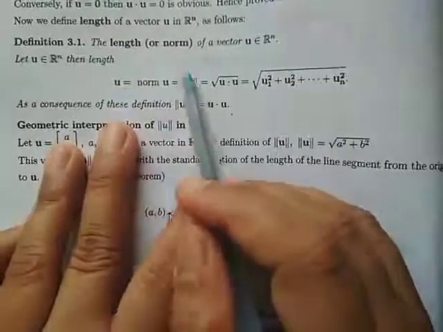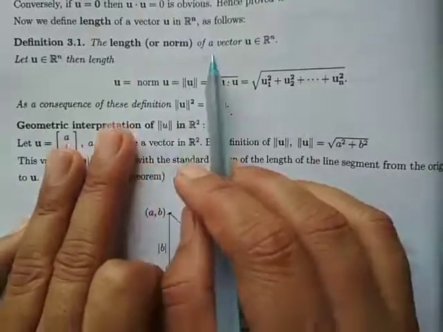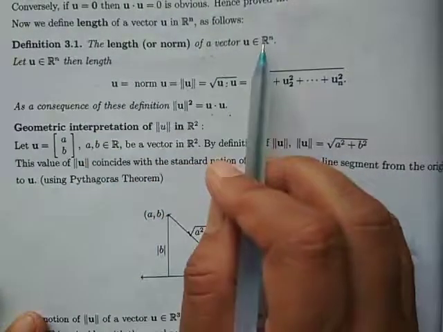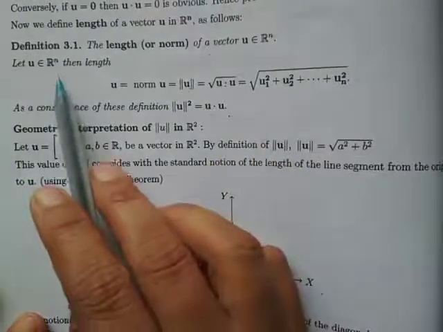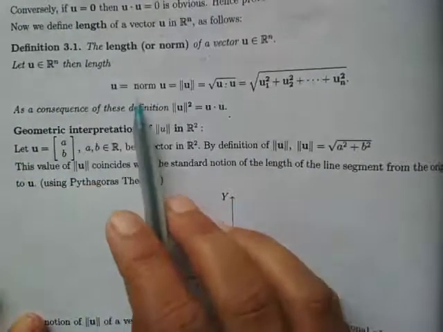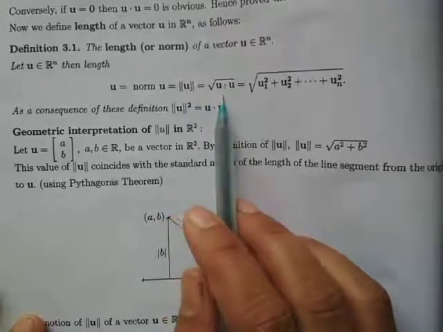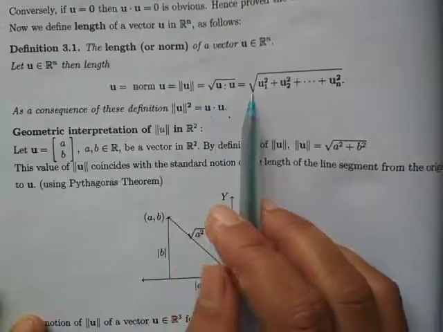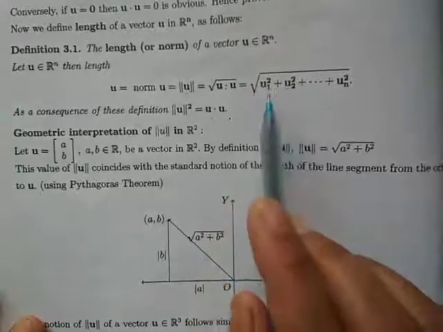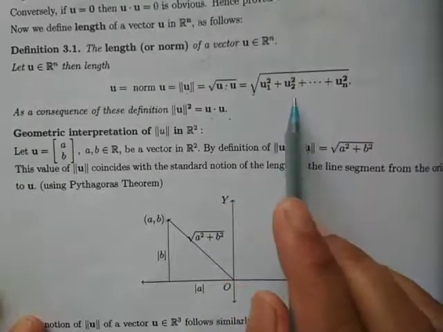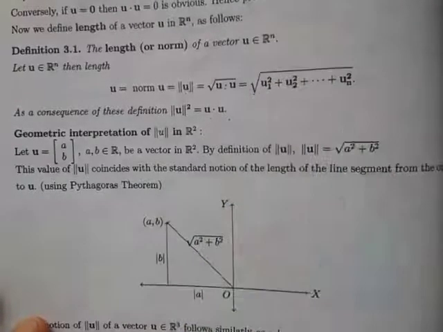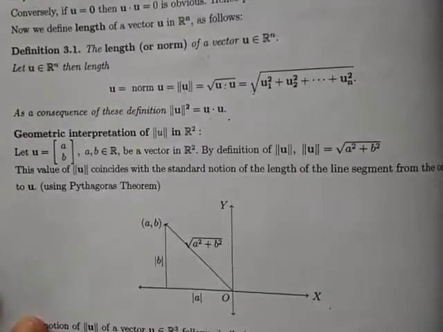Let us see the next definition. The length or norm of a vector u belonging to Rn. Let u belong to Rn, then length of u is equal to norm of u, which is equal to the root of u dot u. So we will get root of u1 square plus u2 square plus and so on un square.